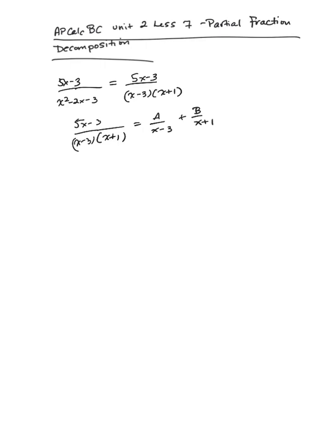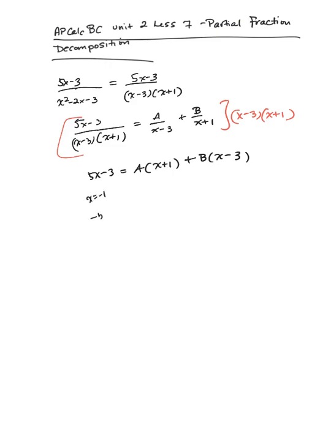Okay, so then you would multiply everything through by (x - 3)(x + 1). So you would end up getting 5x - 3 = A(x + 1) + B(x - 3). So then what you would do is let x equal -1.